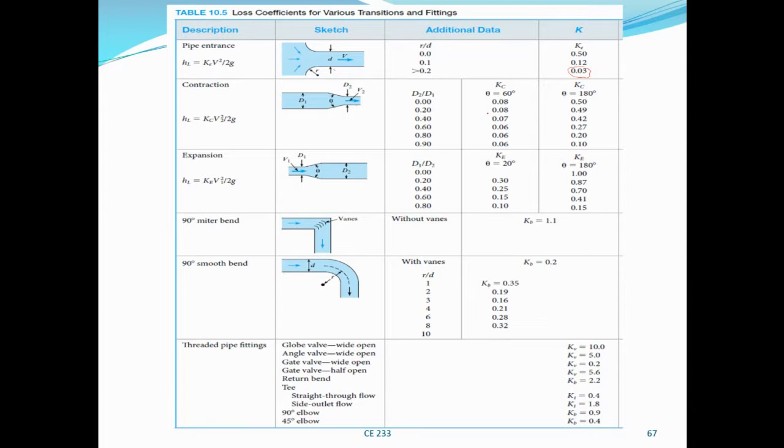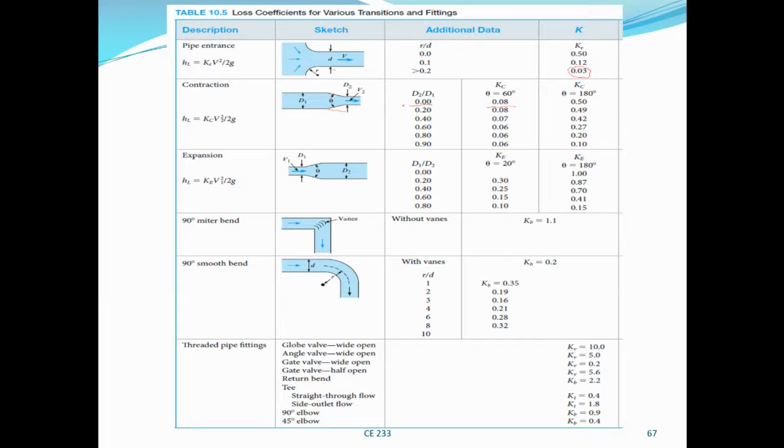When it is the same diameter, D2 over D1 we call 0. And this is the angle, that is this angle. You can see theta.